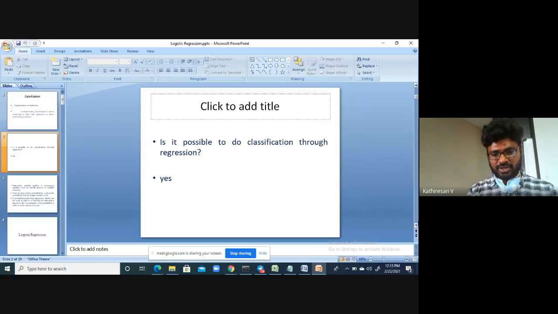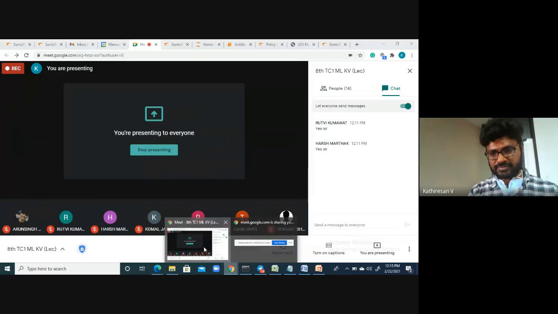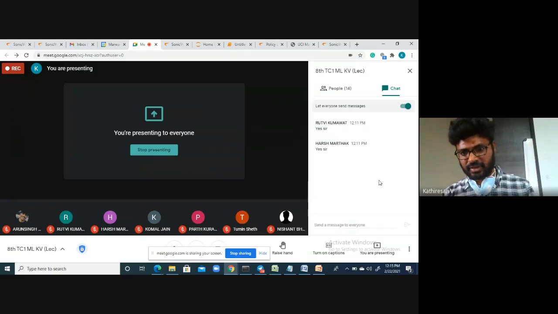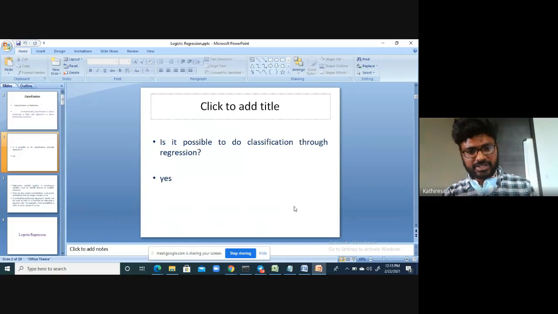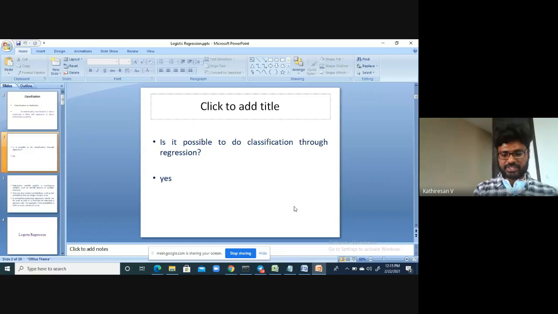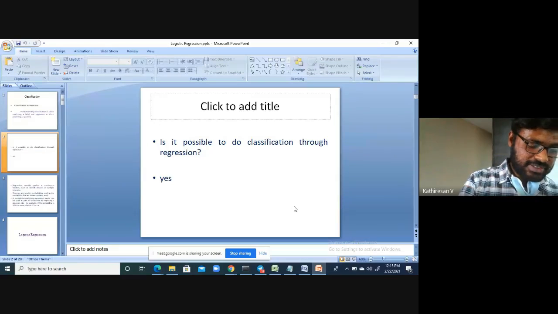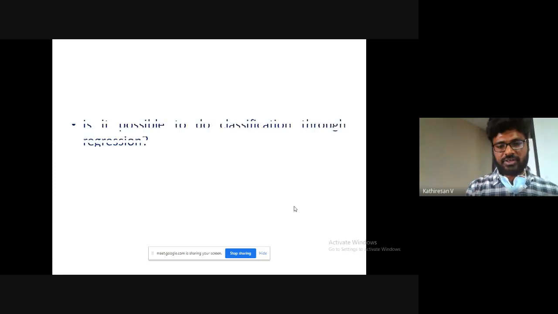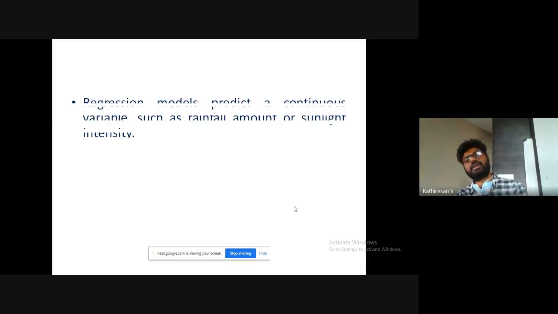Yes, it is possible. We have discussed in the morning itself. Classification through regression is possible, but the important thing is we have to go with a probabilistic regression model.